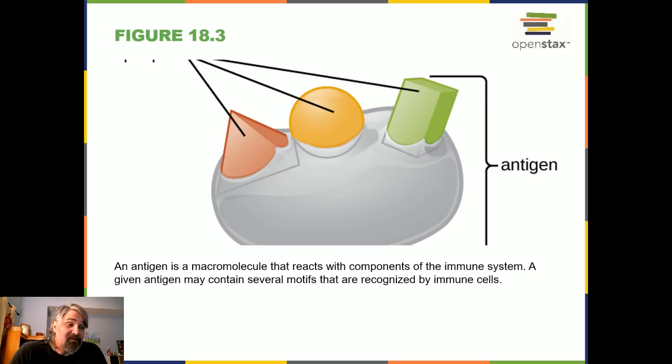So here's a cartoon for that. This whole thing would be the antigen. These individual little shapes are representative of the epitope. So these are the actual binding sites on the antigen for the antibody, and this gets leveraged for a whole lot of stuff.